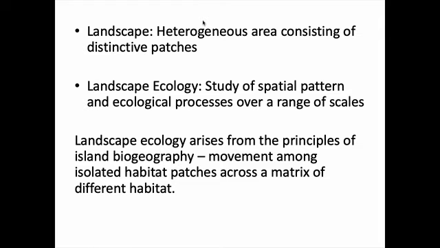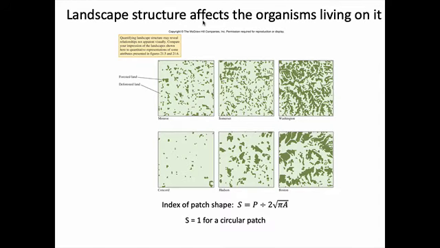And here's a great example of landscape structure and why it's important. So here are 6 landscapes. And you can see that we have small isolated patches here. Small isolated patches here. These are actually counties in New England.